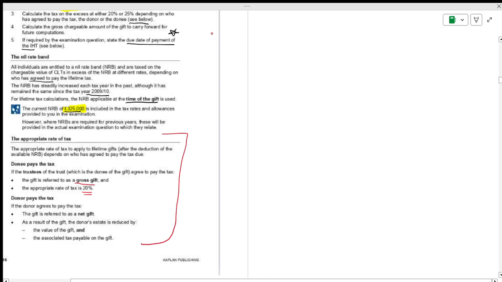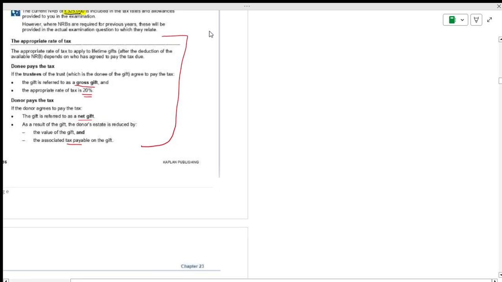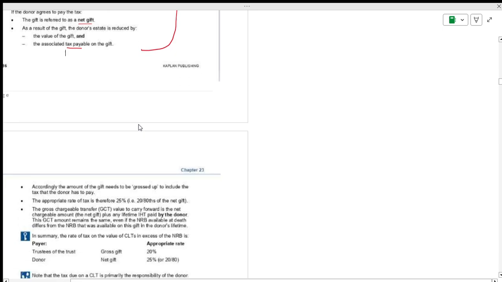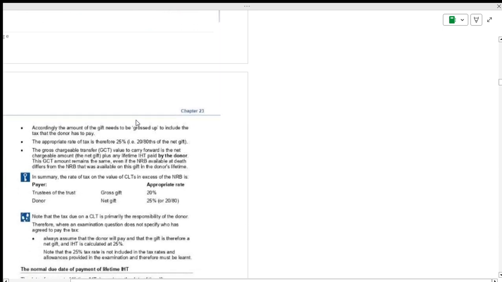If the donor agrees to pay the tax, the gift is referred to as a net gift. As a result of the gift, the donor's estate is reduced by the value of the gift and the associated tax payable on the gift. Accordingly, the amount of the gift needs to be grossed up to include the tax the donor has to pay. The appropriate rate of tax is 25%.